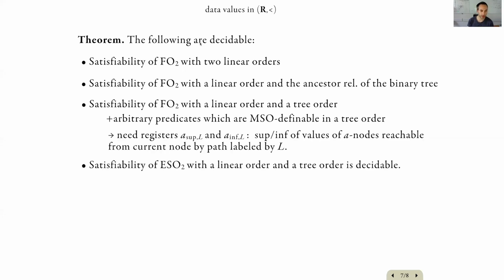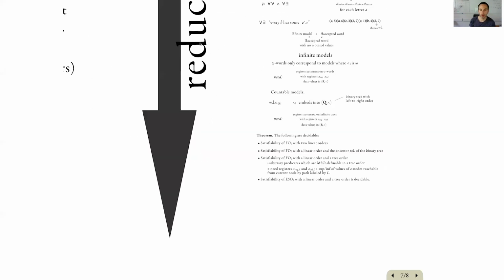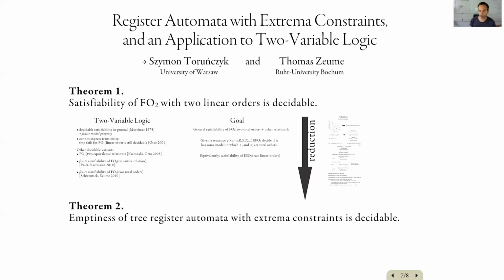Using those results, we can prove satisfiability of existential second order logic with a linear order and a tree order. So this gives a sketch of the reduction of the satisfiability problem to the emptiness problem for tree register automata.